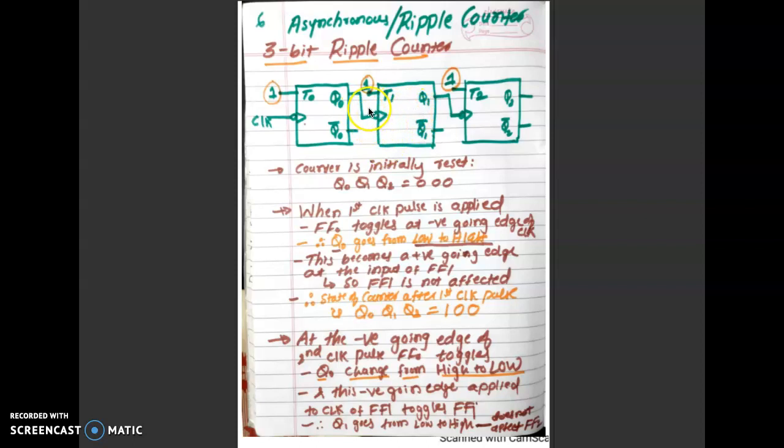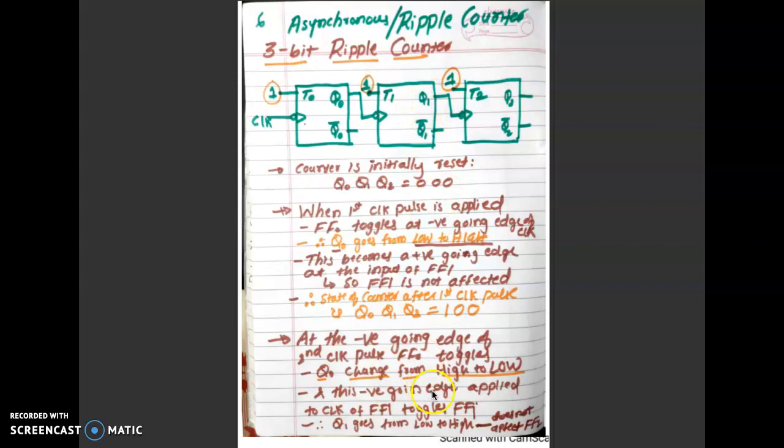So during this negative edge of the clock, the output Q1 toggles. Earlier it was 0, now it becomes 1. As this goes from 1 to 0, this goes from 0 to 1.